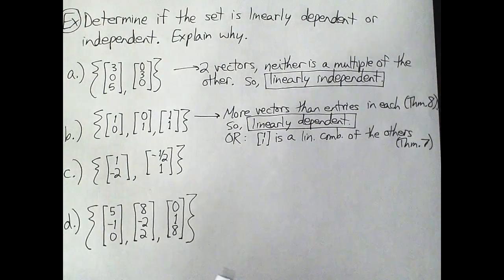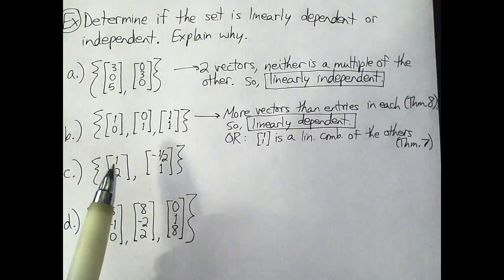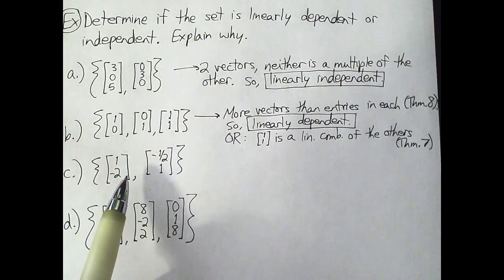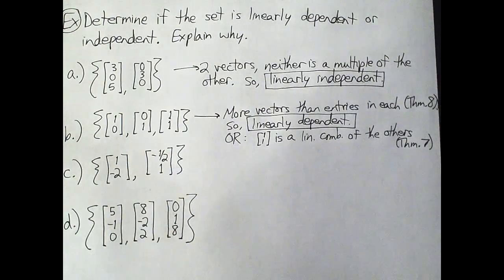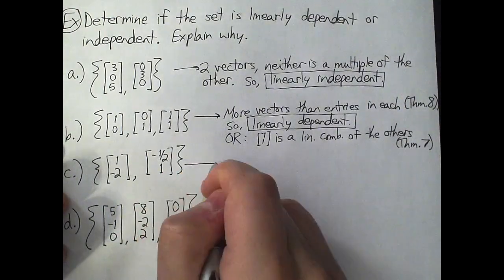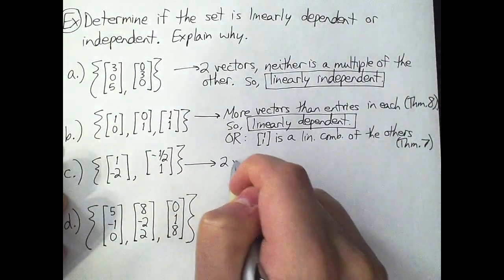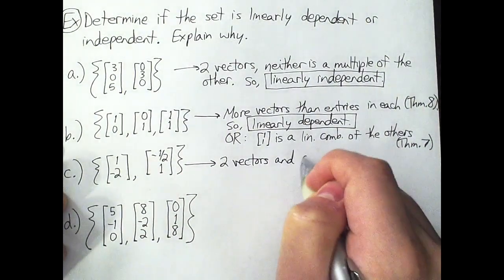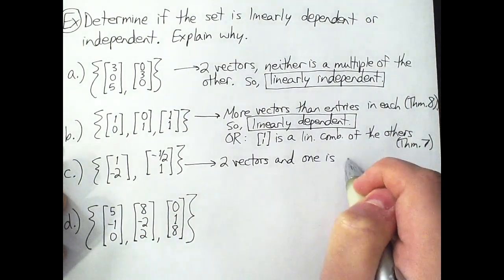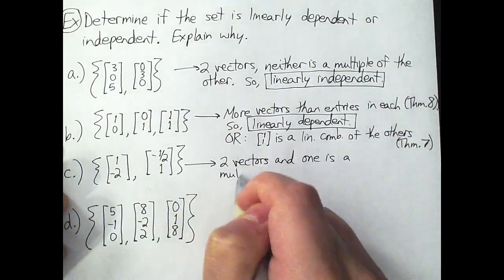Part C, there's 2 vectors, so we could potentially ask ourselves if one of them is a multiple of the other. Maybe it's a little bit unclear. Could I multiply this first vector by something in order to get the second vector? Do a little scratch work if you need to. But here we do have 2 vectors, and one is a multiple of the other.